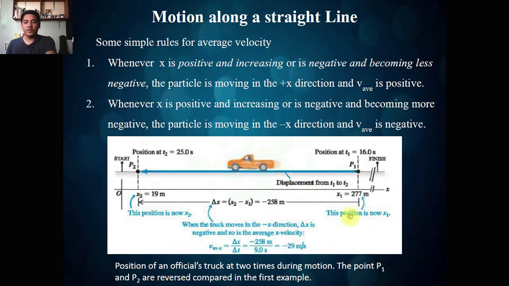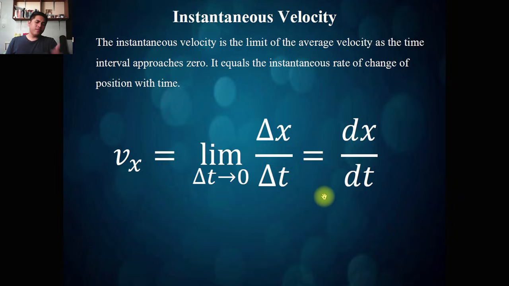Okay, so we have another definition, which is the instantaneous velocity. Instantaneous velocity is different from the average velocity, wherein instantaneous velocity is the limit of the average velocity as delta t approaches 0. In other words, this is the definition of a derivative.